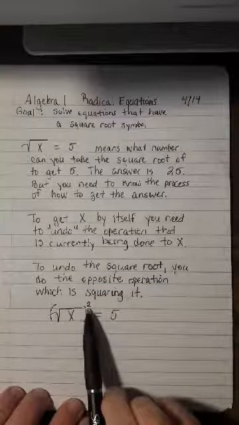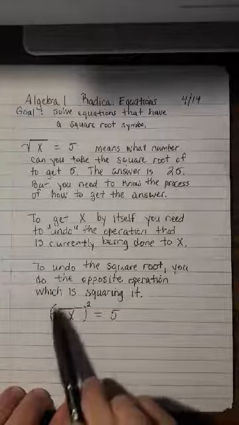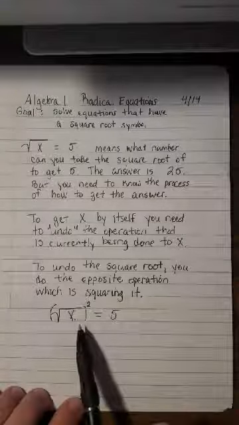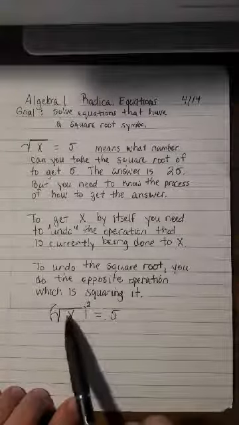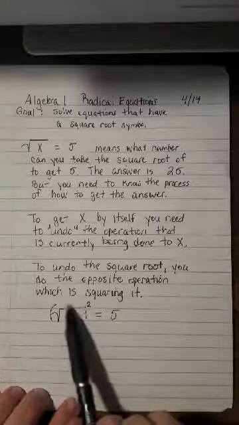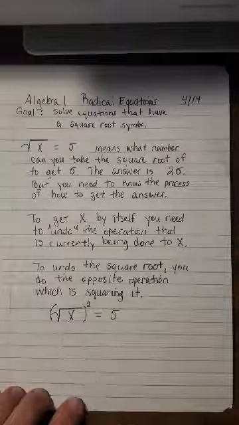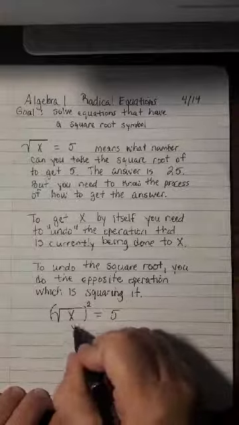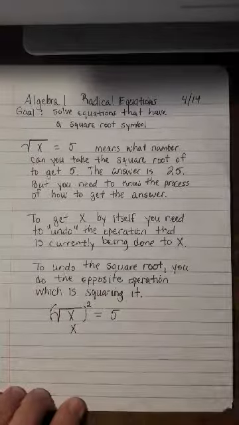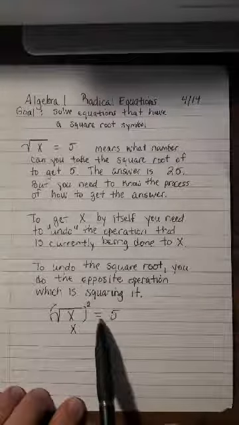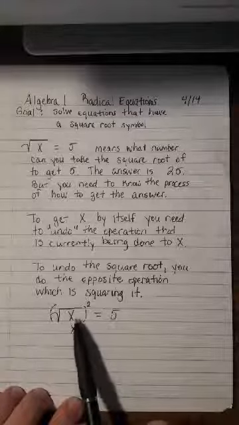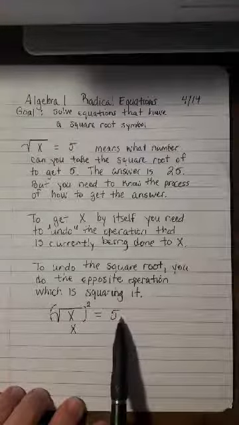Because whenever you square the square root symbol, we did some of these kind of problems when we were doing the multiplication lesson, the little 2 on the outside just makes that square root symbol disappear, and you're left with the x, or whatever's underneath that square root symbol. Now y'all know when you have an equation, if you do something to one side, you've got to do it to the other side.